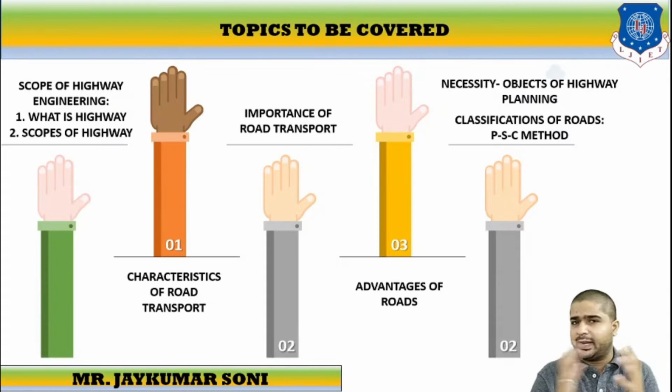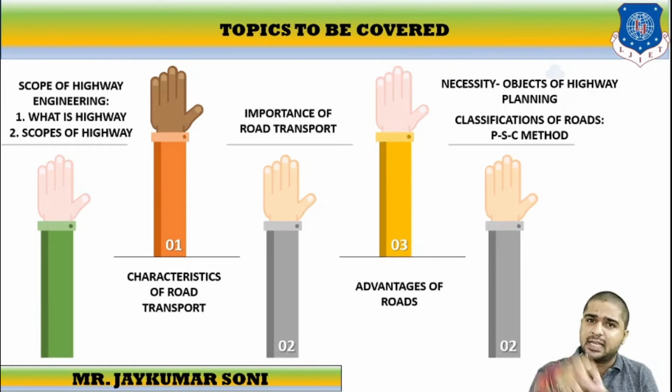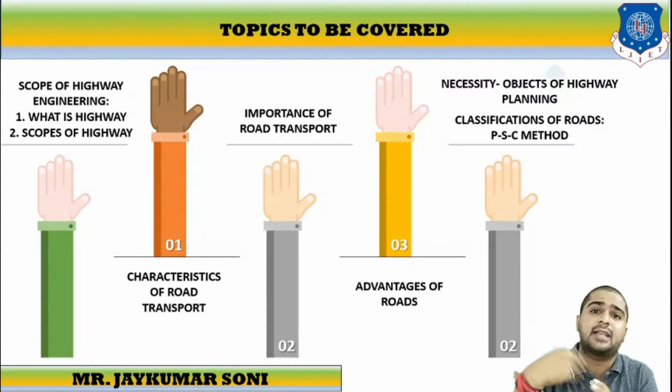So this is a very important segment. Personally, this is my favorite lecture because in this session you will learn how you can identify a stretch of road as a highway.